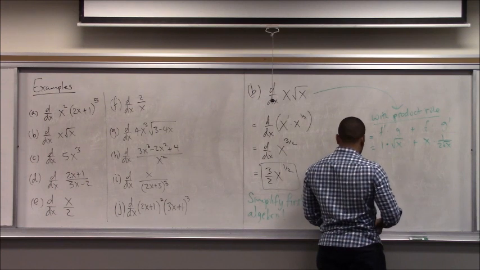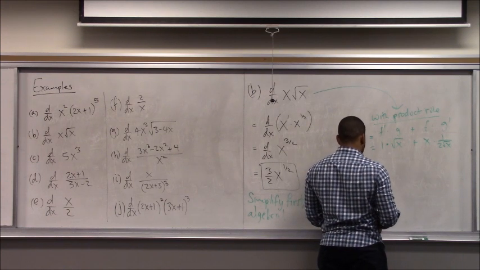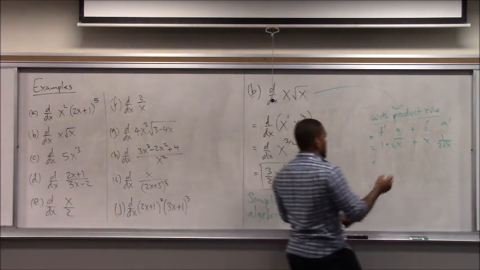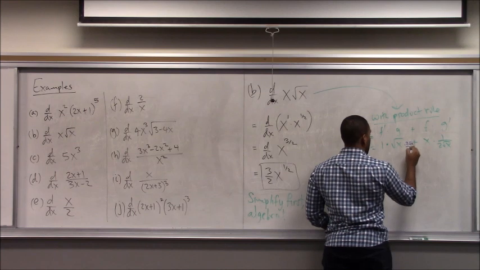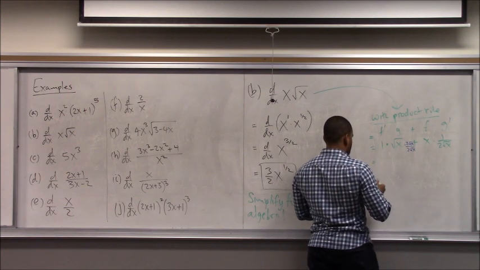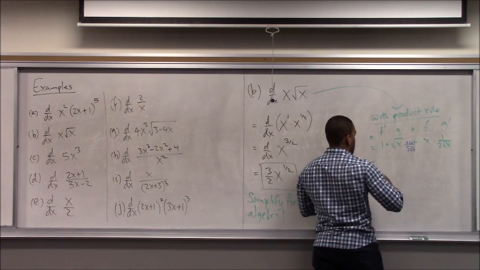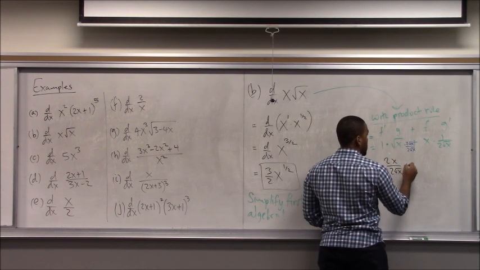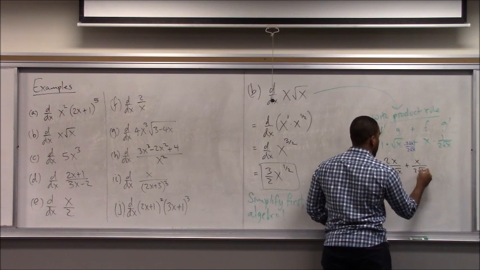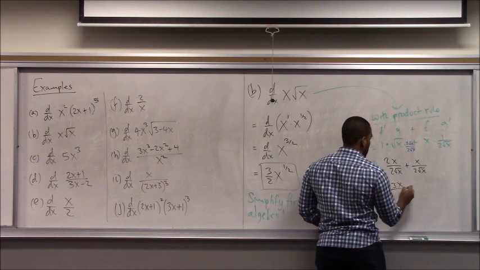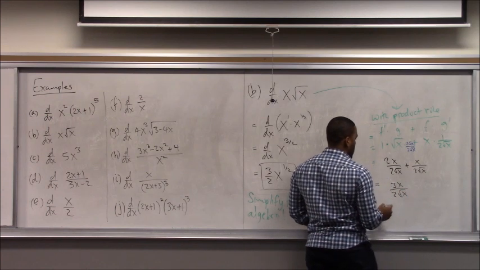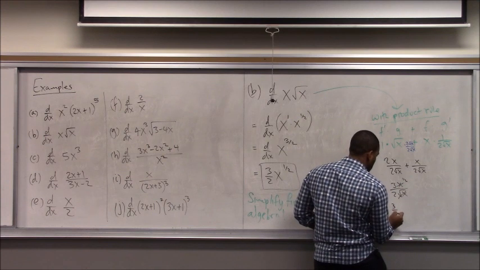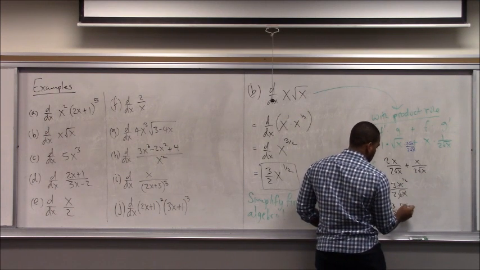I multiplied the denominator 2 square root of x by the 1 square root of x, and then added it to the numerator, and created a common denominator, 2 radical x. Exactly. And so here you would have 2x over 2 radical x plus x over 2 radical x. And this would give you 3x over 2 radical x. And then you can cancel this into that one to get a half power. So that gives you 3 over 2 radical x, right?